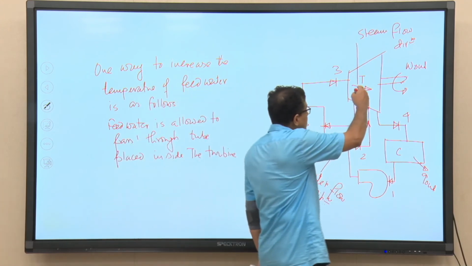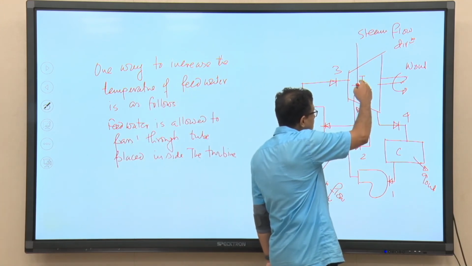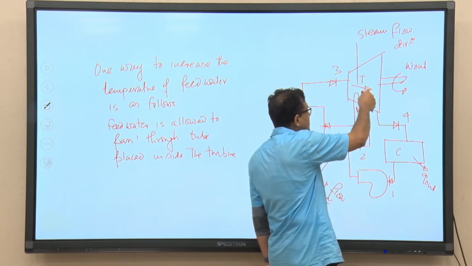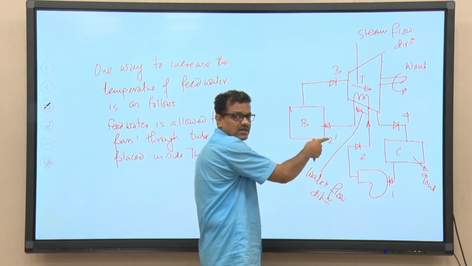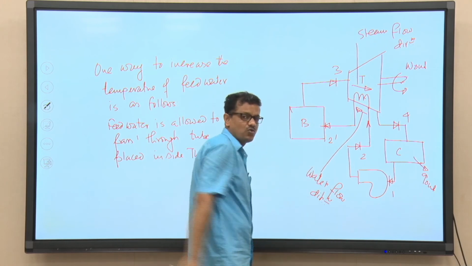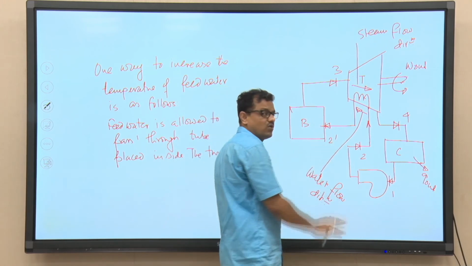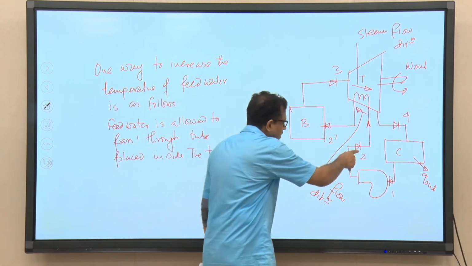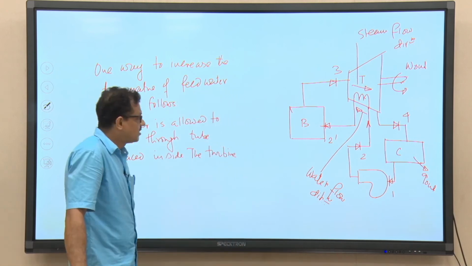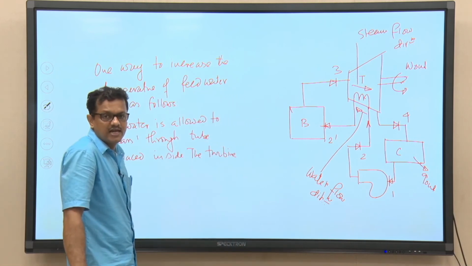So, that heat will be transferred from the expanding steam to the water. Eventually, when water enters the boiler, that is the thermodynamic state at 2 prime. So, the water temperature at state point 2 prime will definitely be higher than the water temperature it had at state point 2.